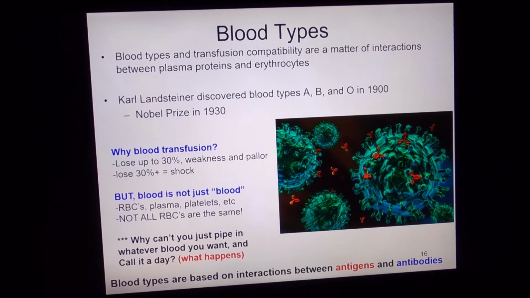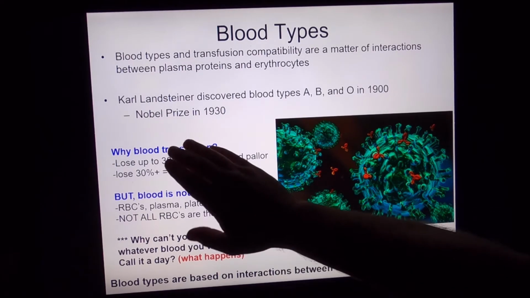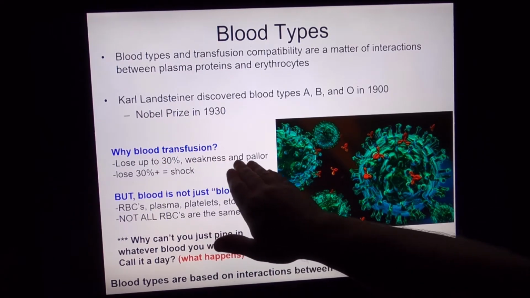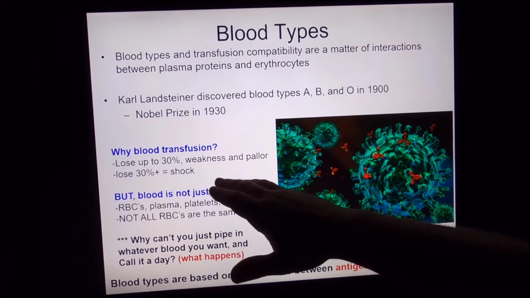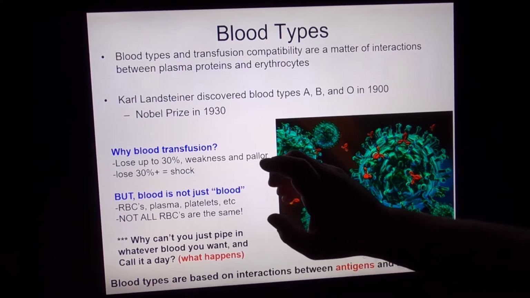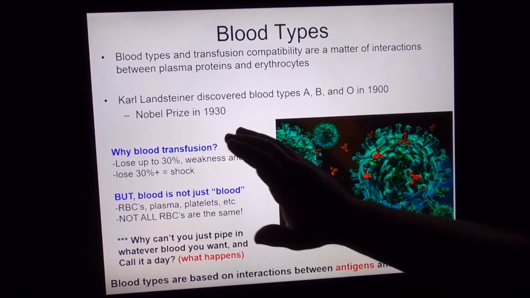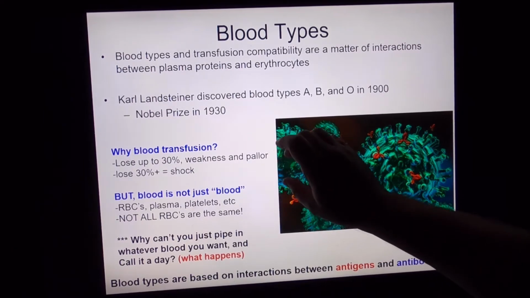So, why do a blood transfusion? That's the first question. When you lose up to about 30% of your blood complement, you get very weak, pallor, your skin coloration changes, and you are experiencing that anemic feeling, if you will.